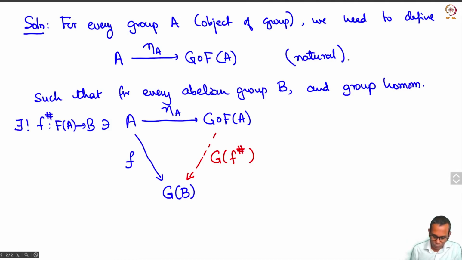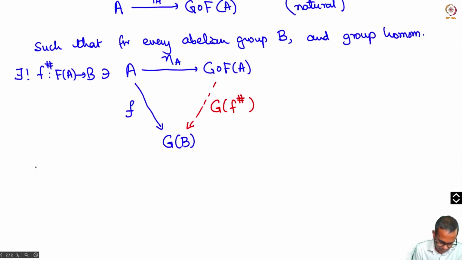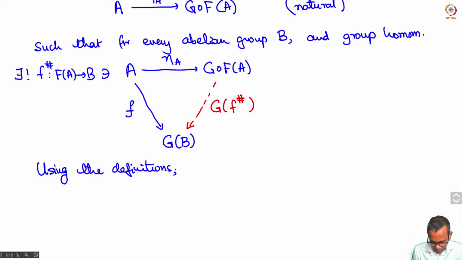So let's just decode what all these symbols mean. What we have is A, now it's a group, and F of A is the abelianization of the group, A mod the commutator subgroup of A, and we need eta like this.